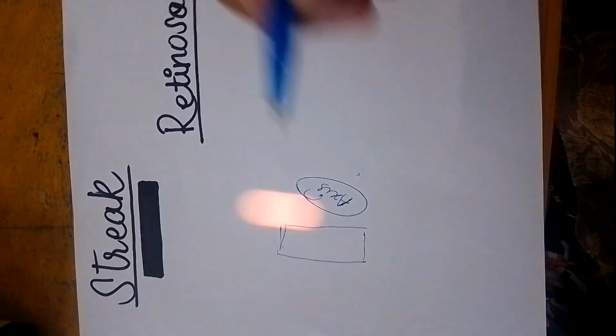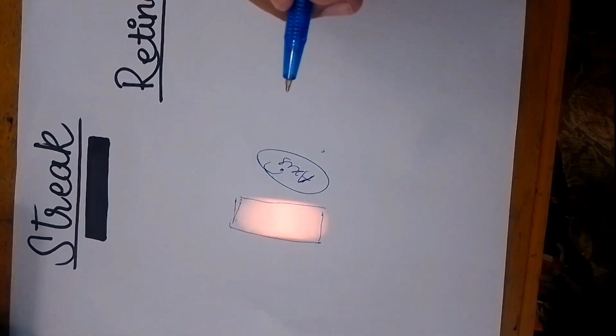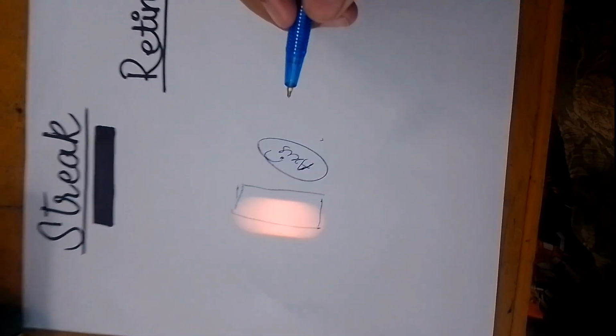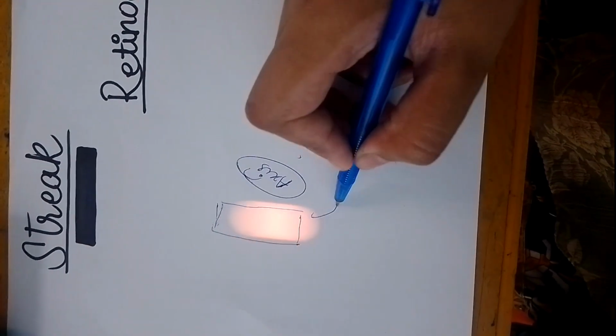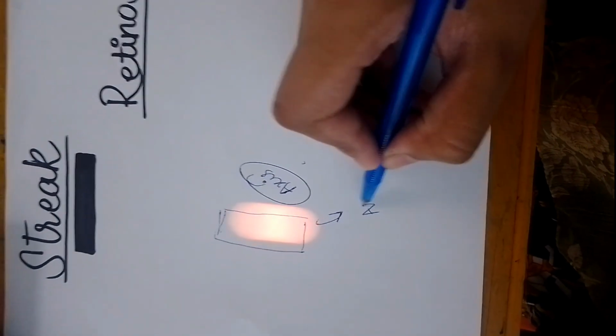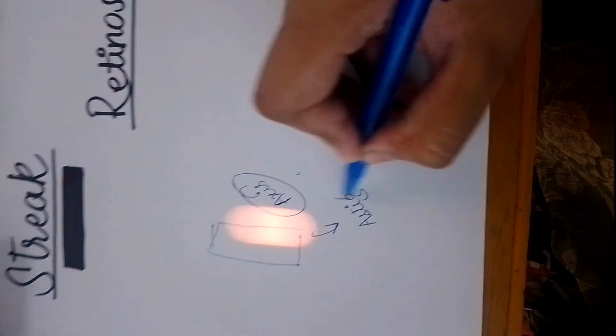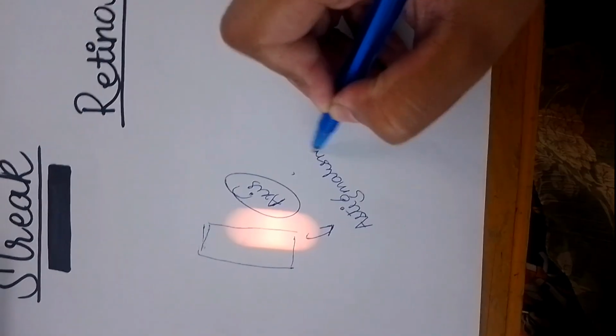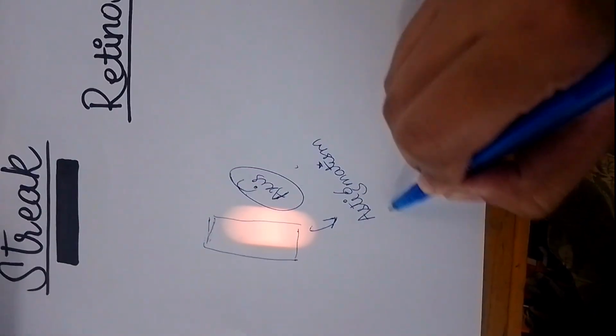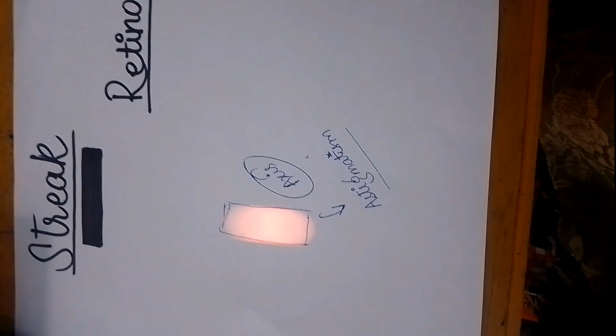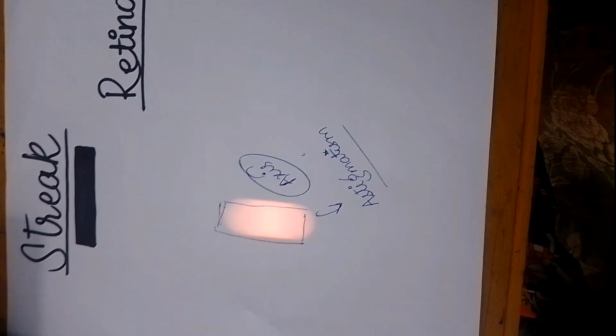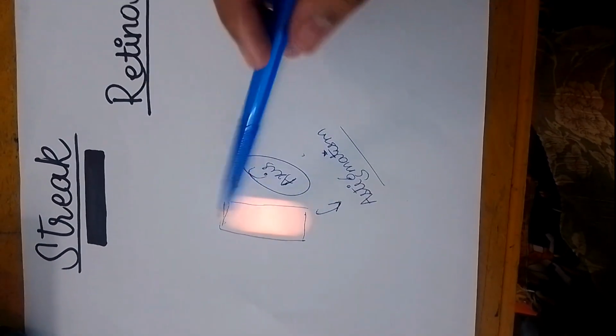The most important benefit of the streak retinoscope is that it helps us to identify the astigmatism in the patient's eye.